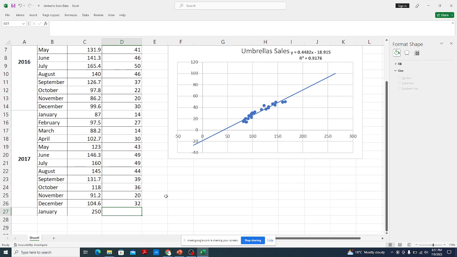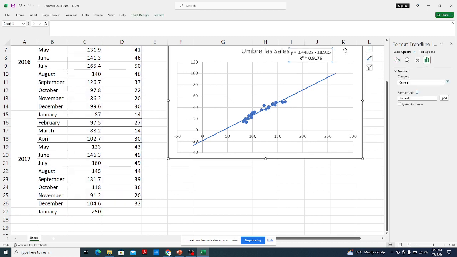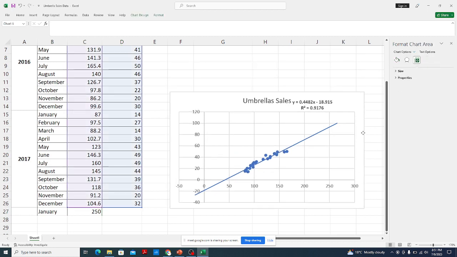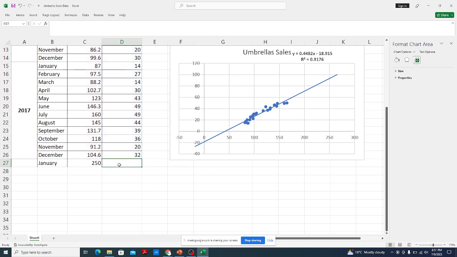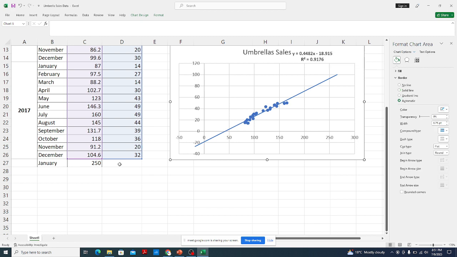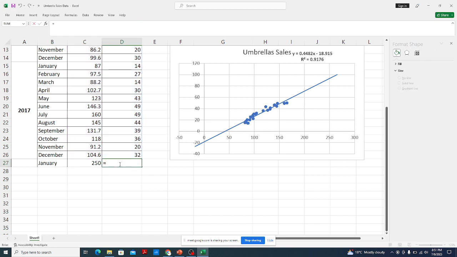Okay, so with that I'm just going to use this formula. I don't want to go to the Excel inbuilt functions, but I will just take this equation of a straight line. So we know y is given by 0.4482 multiplied by x.